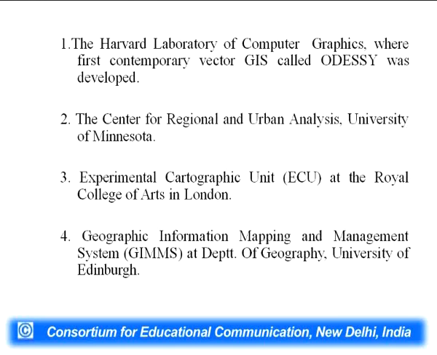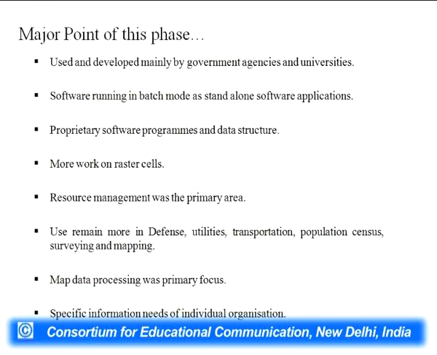They were the pioneers in the development of GIS in its basic initial stage, the first phase. The major points of this phase were that the technique was used and developed mainly by government agencies and universities, and the software ran in batch mode as a standalone software application.